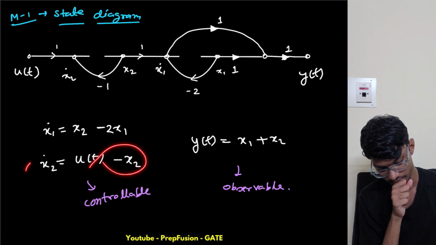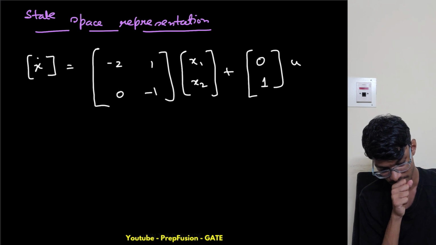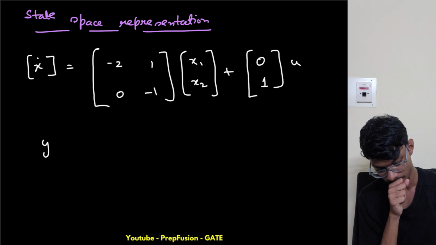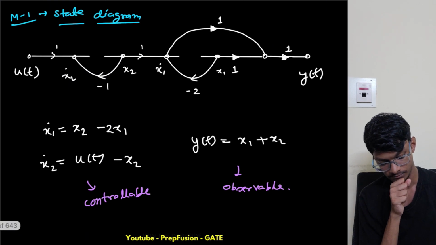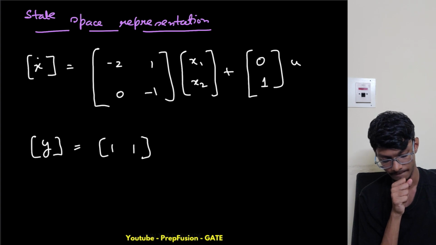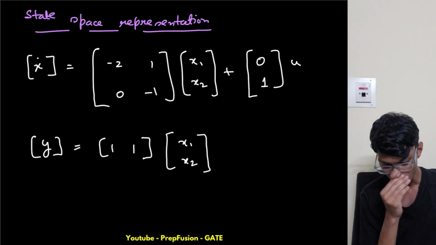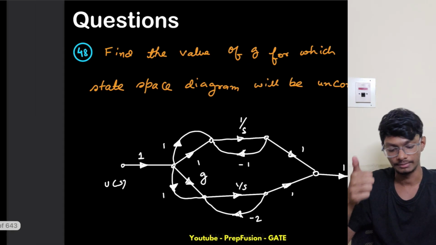And y equals basically 1, 1, right? And this is again x1, x2, okay. So now what you do is the Kalman's test method.